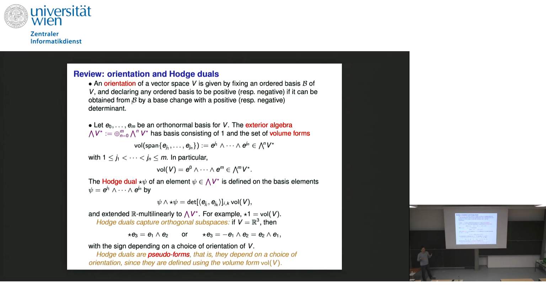If V is R3, then the Hodge dual of E3 is E1 wedge E2, or minus E1 wedge E2, with the sign depending on a choice of orientation of V. So Hodge duals are pseudoforms, that is, they depend on a choice of orientation since they are defined using the volume form. Just think of Hodge duals as generalizing cross products. So it captures orthogonal subspaces.